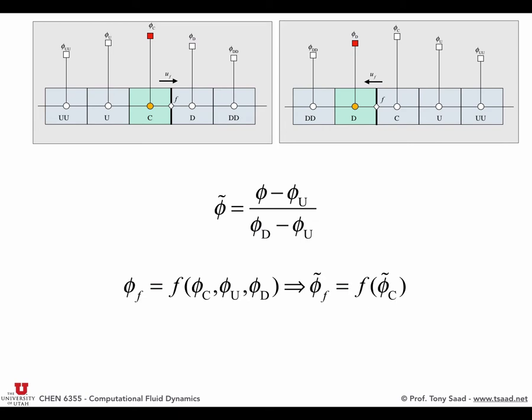When you do this normalization, you turn phi tilde f into only a function of phi tilde upwind. So rather than a 4-dimensional space, phi f and 3 values of phi, you've transformed this into a 2-dimensional space, phi tilde f versus phi tilde C.